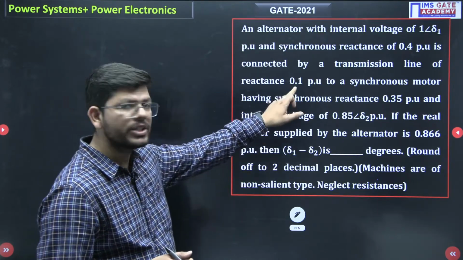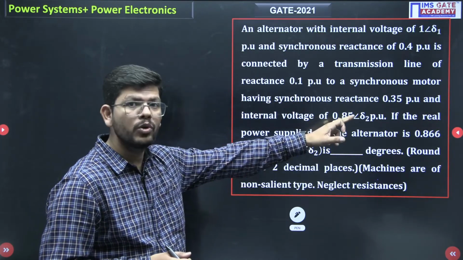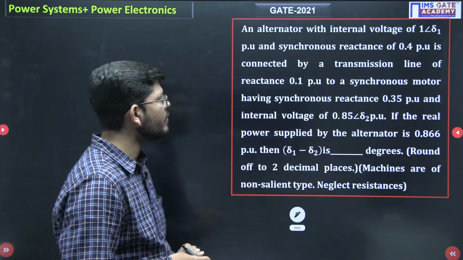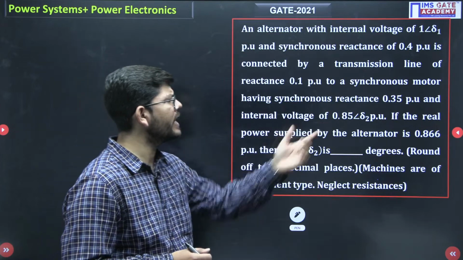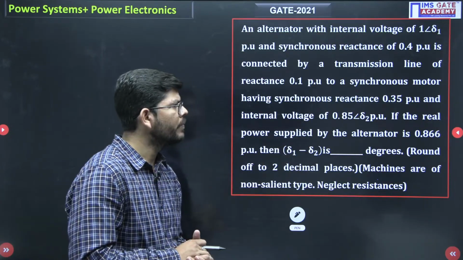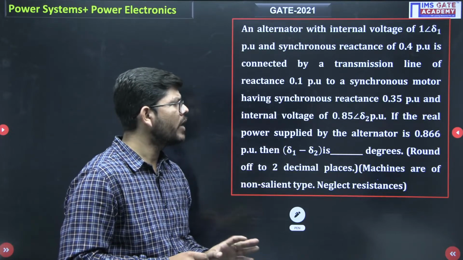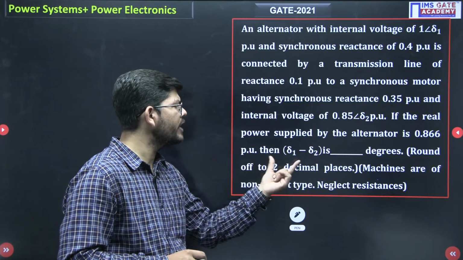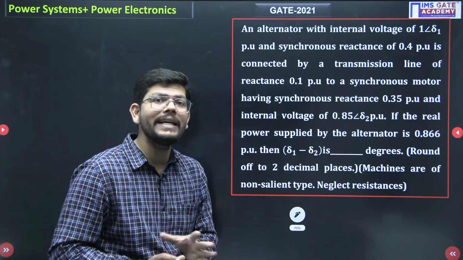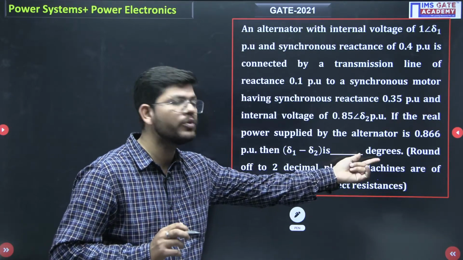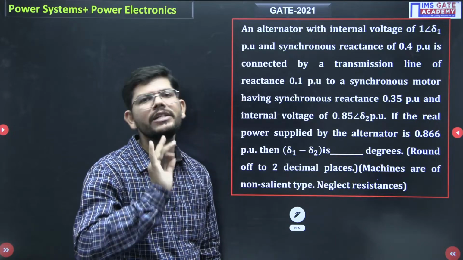So this is the transmission line reactance, and then we have the load as motor. The motor is having reactance of 0.35 and internal voltage of 0.85 angle del 2. If the real power supplied by the alternator is 0.866, then what will be the value of del 1 minus del 2 in degrees? Whenever you have to find an angle, always see in which unit you have to answer. In degrees we have to answer.